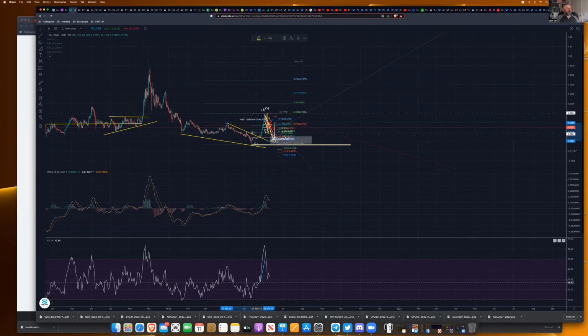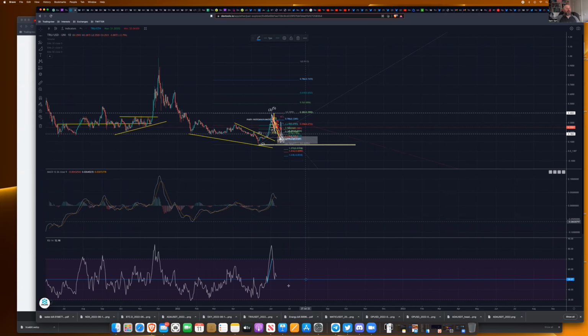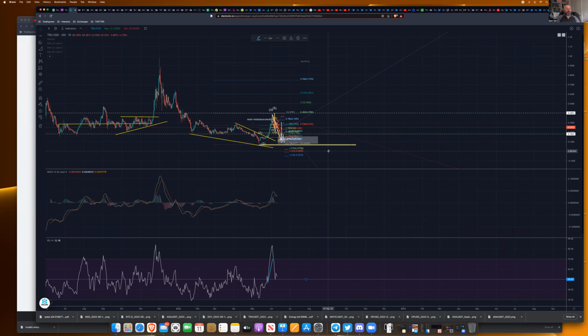We are not down below 50% on RSI yet, so it's found support there. So on the daily, this is our support level. If we go below it, it's going to go much deeper, back down to this area, I believe. But anyway, let's look into that.